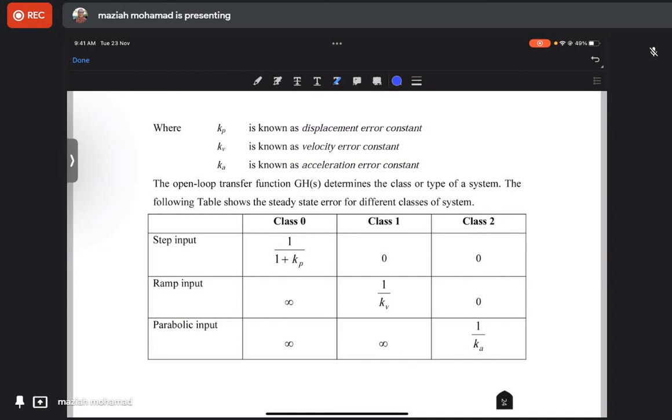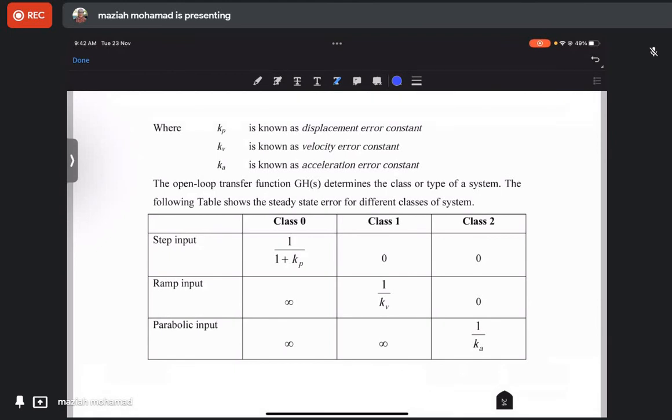If the system has a class 1, then the steady state error will become 0, and it's also true for class 2 and higher, class 3, class 4 and higher; we can expect the error to be 0.